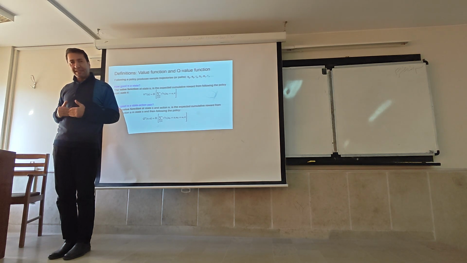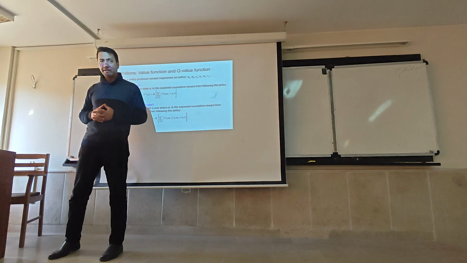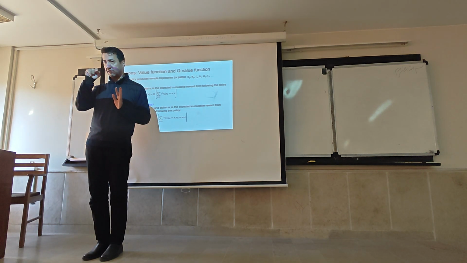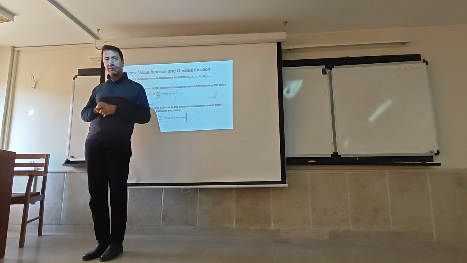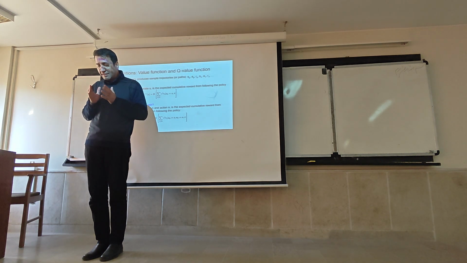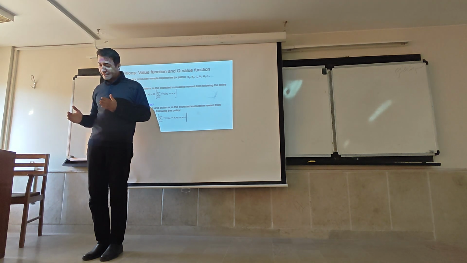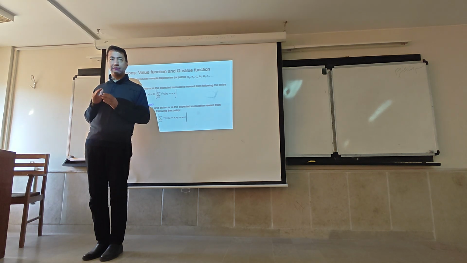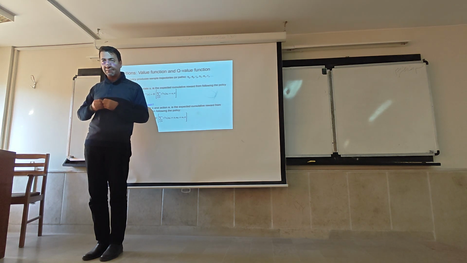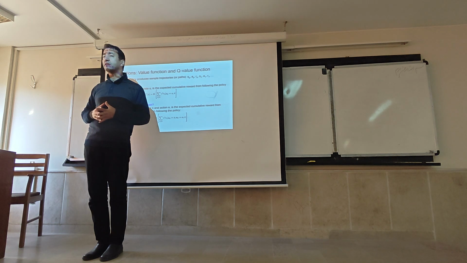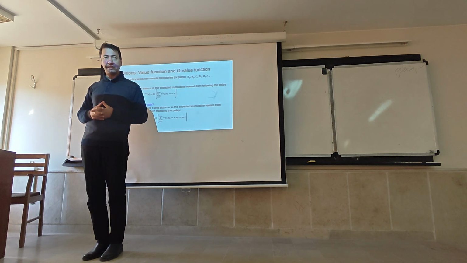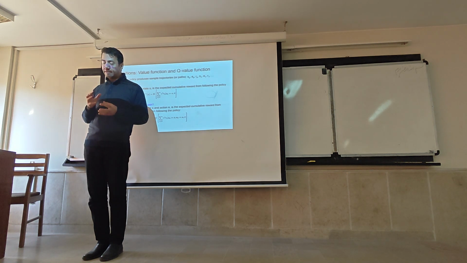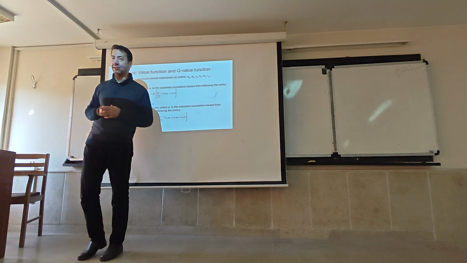When we are in state S and go left, that has a reward, plus then we are in state S prime, which we reached going from S with the action A, left, for example. Now V(S prime) means starting from S prime, what is the total reward we expect? So the relation between Q and V is that.